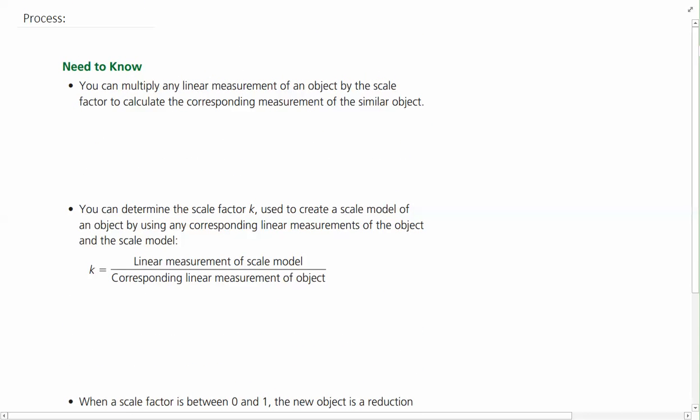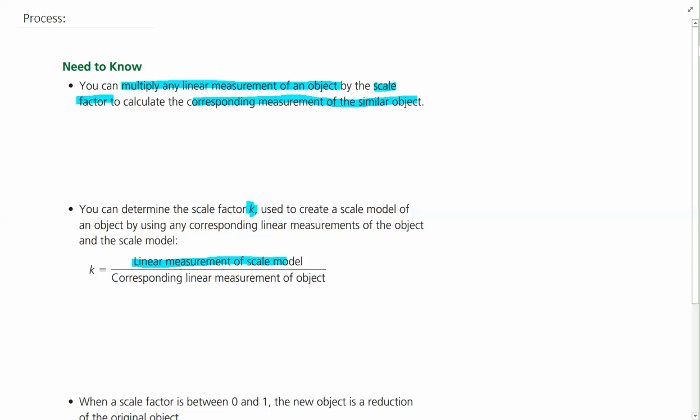As we've been doing, we can multiply any linear measurement of an object by the scale factor, and that calculates the corresponding measurement of the similar object. And as before, we can find k, the scale factor, by taking the linear measurement of the scale model over the corresponding linear measurement of the object.